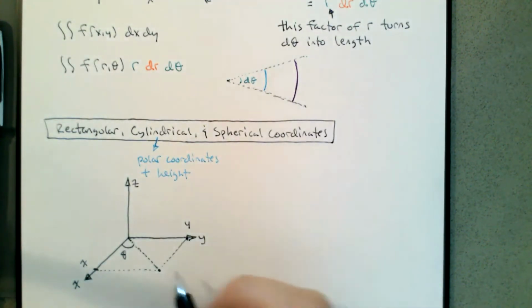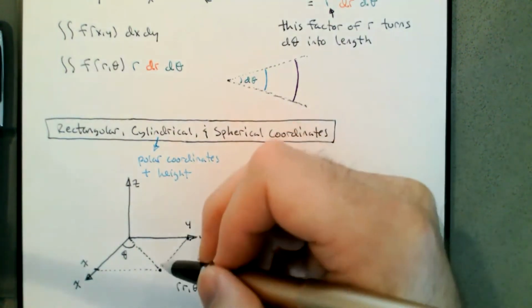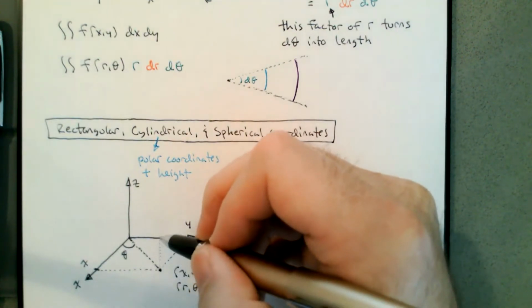And then just on top of this point in the plane, either x, y or r, theta, we just have a height above that.